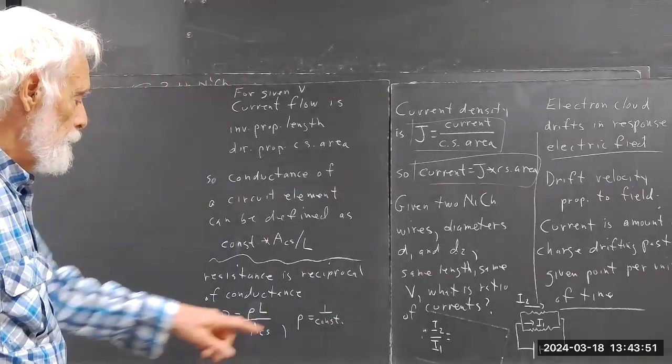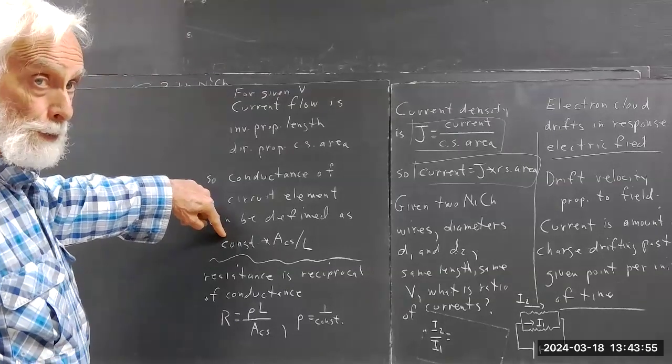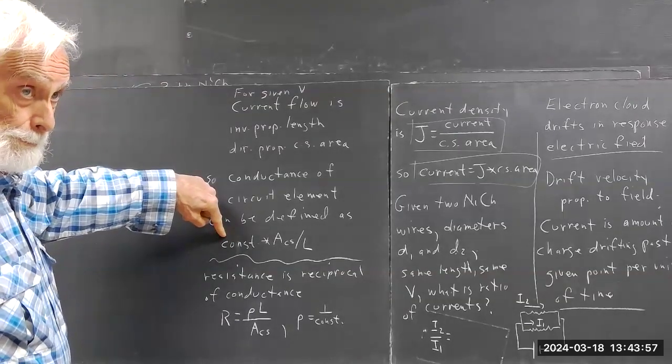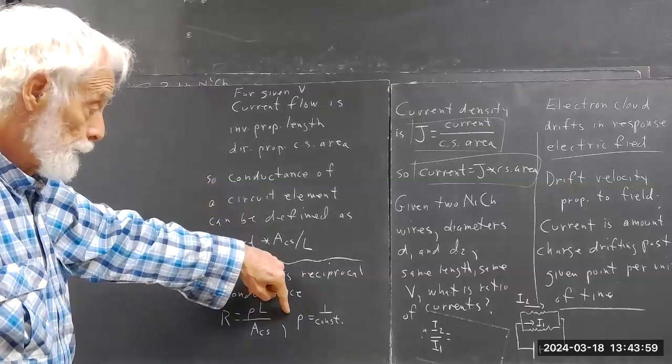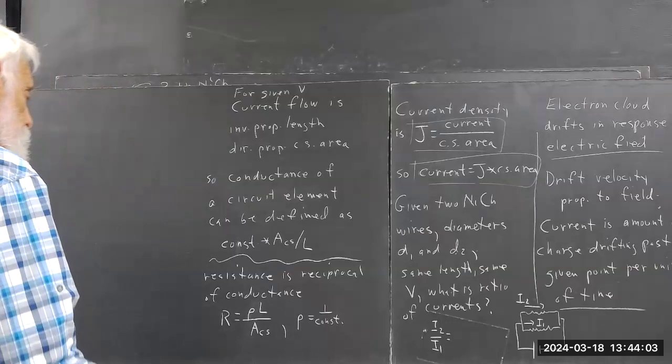Okay. Rho is going to be the reciprocal of this constant here. It just depends on the material. So rho is just a constant that is determined by the material.